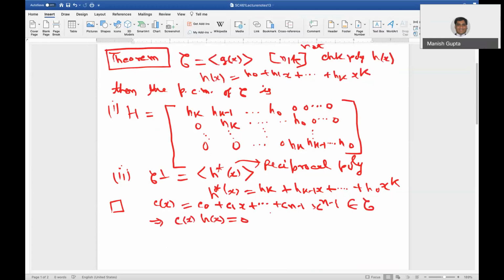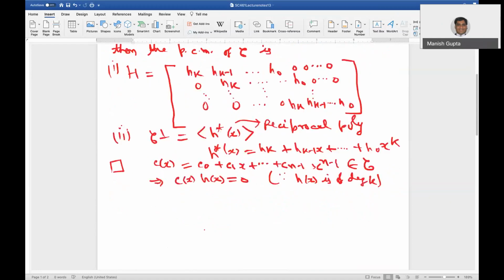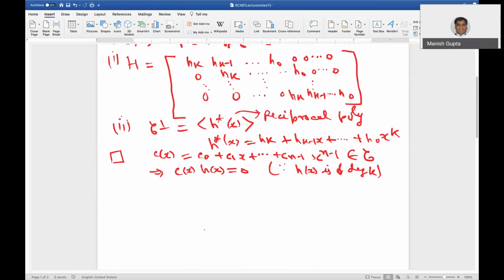Now h(x) is of degree k. So in this product, since h(x) is of degree k, the coefficients of x raised to power k, x raised to power k plus 1, up to x raised to power n minus 1 must be 0, because the degree of h(x) is k only.